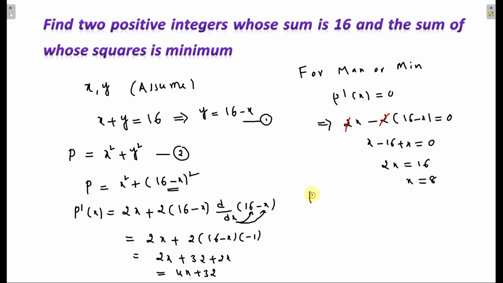In second step, find P double dash x here. Derivative of this function, 4 into derivative of x is 1 and 32 derivative is 0. P double dash 8 is equal to 4, since that is constant function, this is greater than 0. Therefore, I can say that x is equal to 8, we get minimum value.